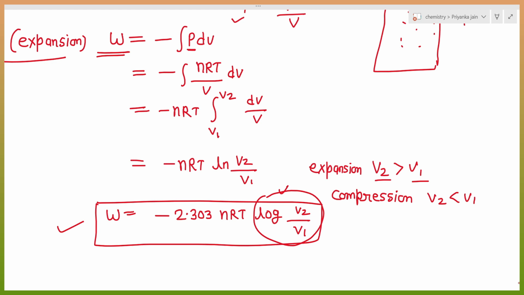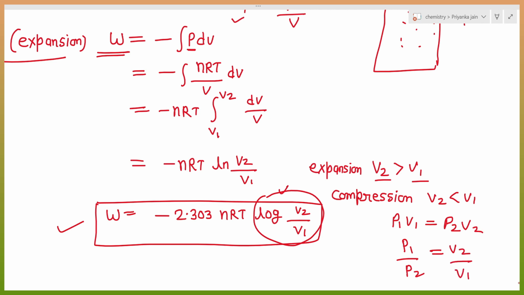Now suppose you have not been given V2 and V1, you have been given the pressure terms. Then what do you have to do? You know that P1 V1 is equal to P2 V2, so you can write P1 upon P2 is equal to V2 upon V1.